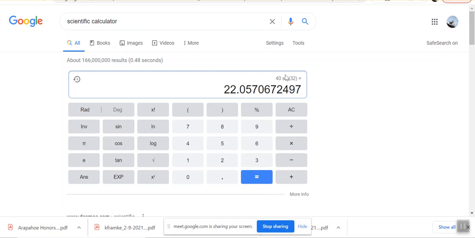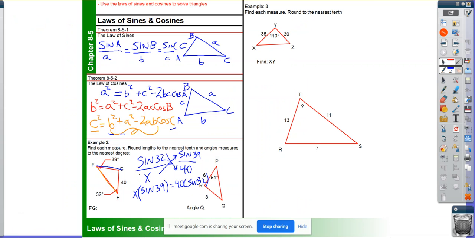So I think we can safely say it is 22.06. Isn't it sine 32 times 40? Yeah, that's what it is. Oh, so I did this. Wait, I didn't see it. 22 point what?